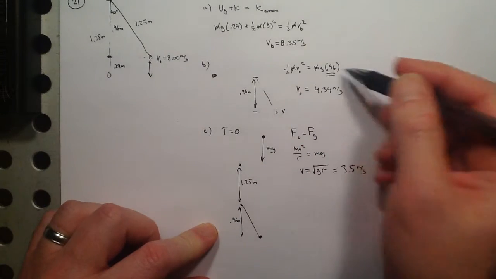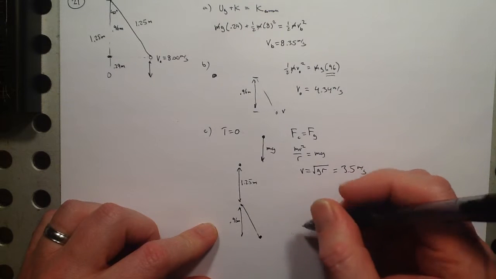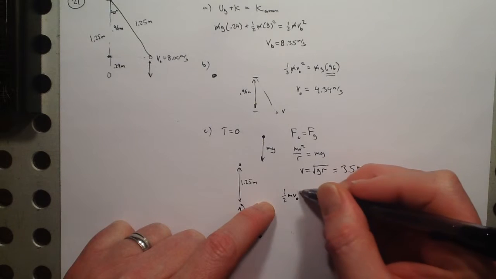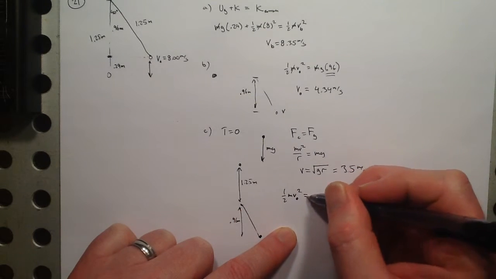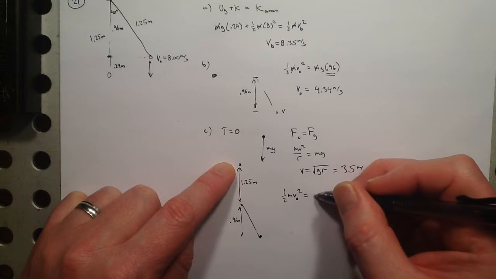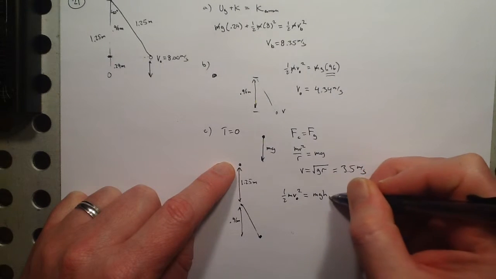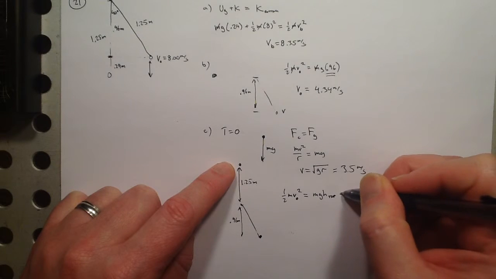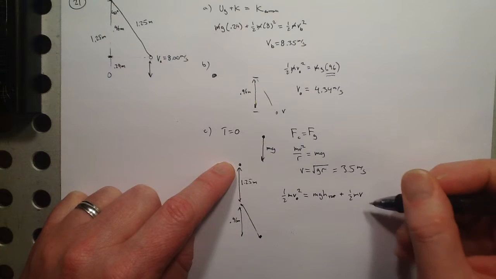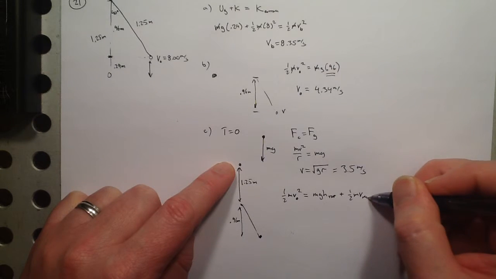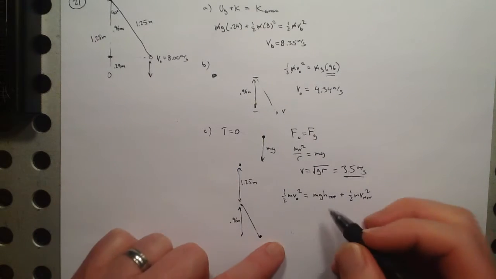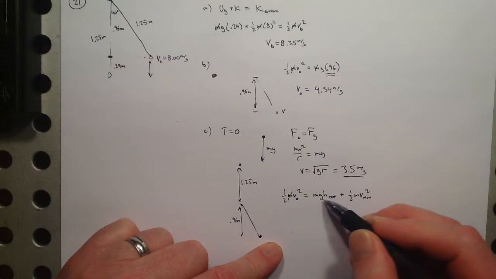So that's going to look just like what I did in part B, except we're going to have 1/2 mv sub 0 that I don't know yet, and it's going to have to make it to the top where it will have mgh at the top's worth of potential energy plus 1/2 mv, the minimum velocity to make it through the circle, which we just found right there. So let's run that, see what we can do. The m's cancel out.